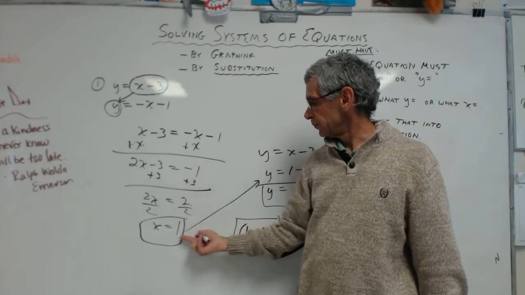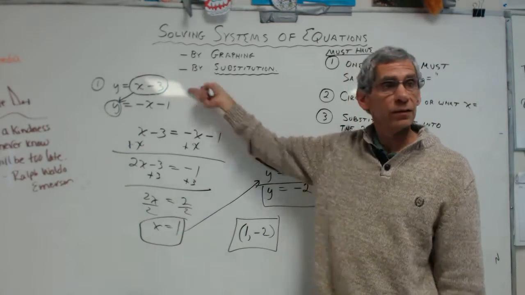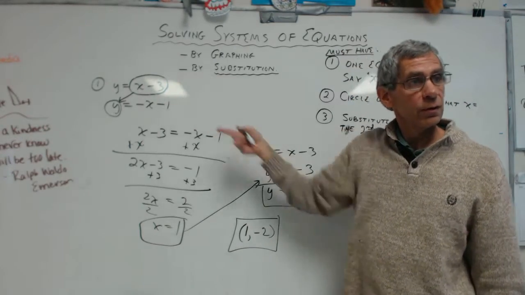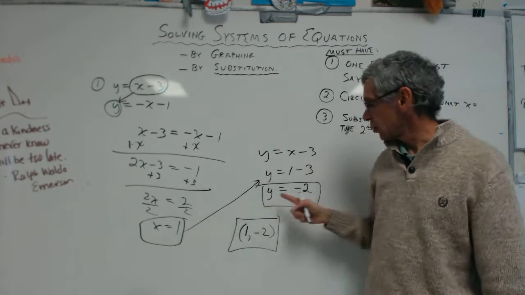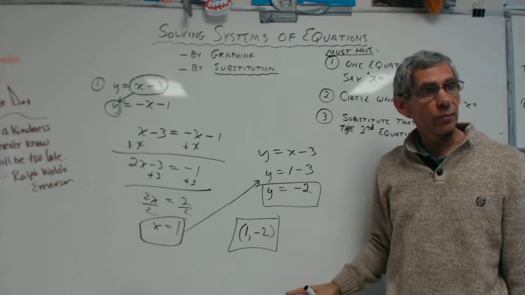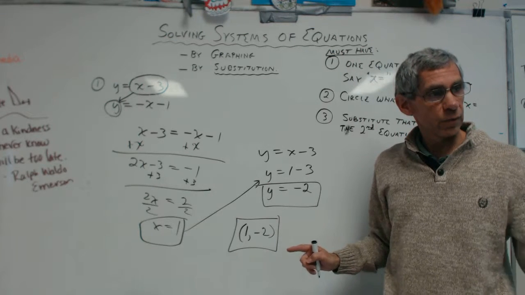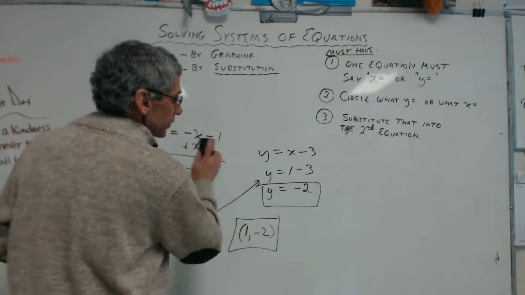Solve for x. Then I substitute that into either of these two equations. I would have gotten the same thing no matter which equation I used. I got a y, and I'm done. You can either circle those or write it as a coordinate point. Piece of cake, right? Remember these from last year? Good. Awesome.